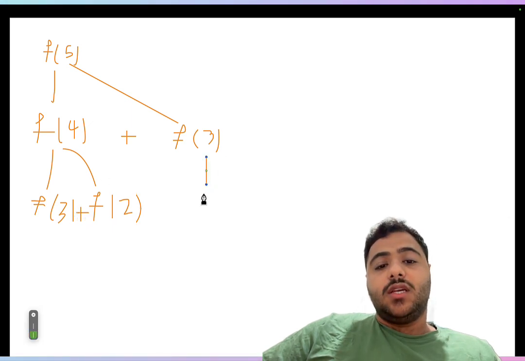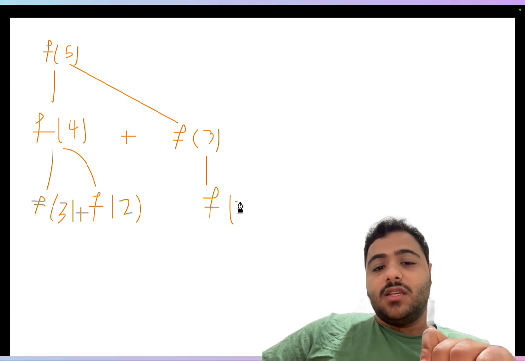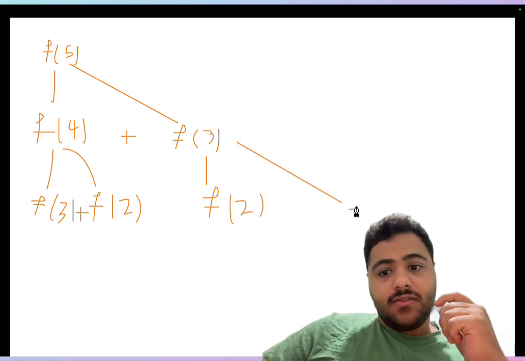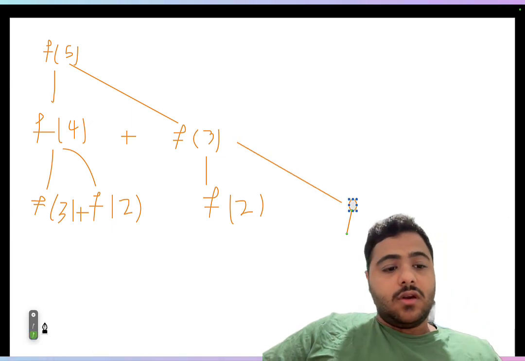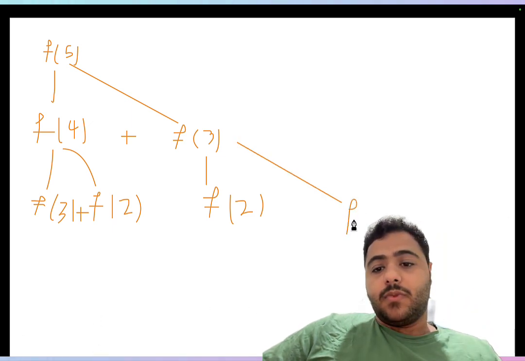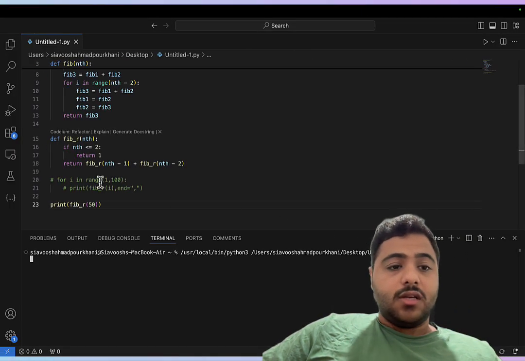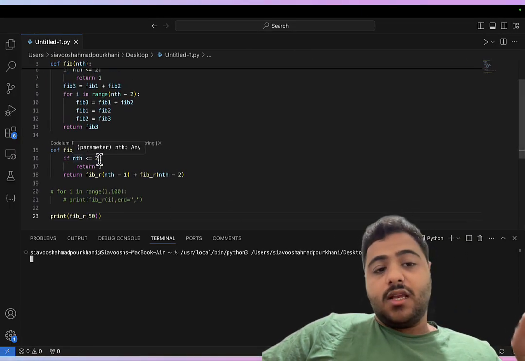For the 3, it's kind of obvious at this moment. It needs to find the Fibonacci of 2 and the Fibonacci of 1 and add them together. But for 1, as you can see here, it's less than 2, so it doesn't need to find anything.